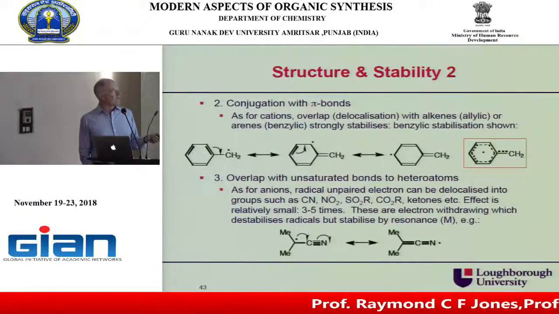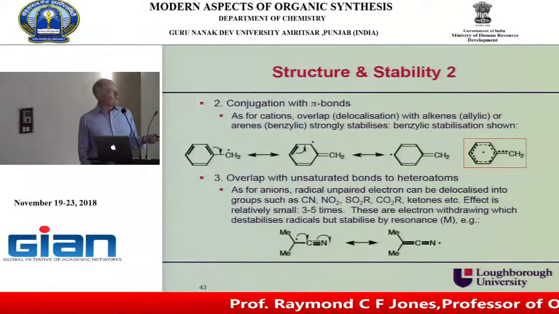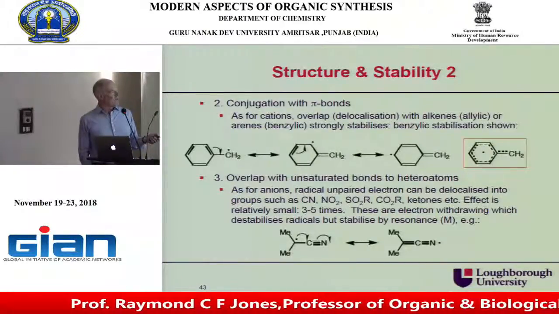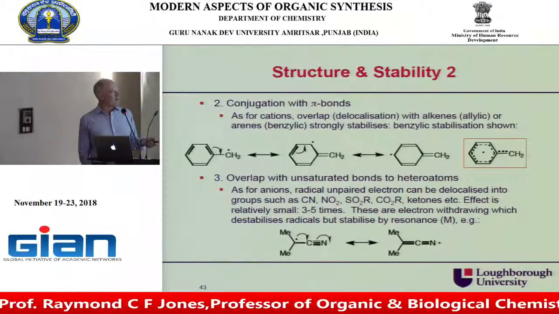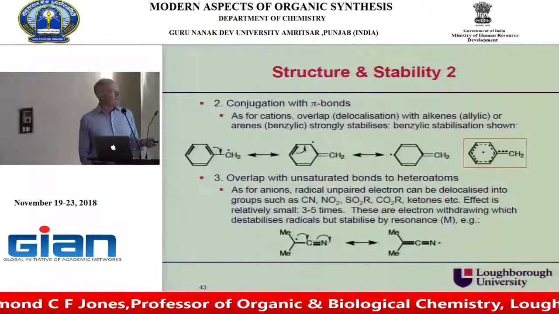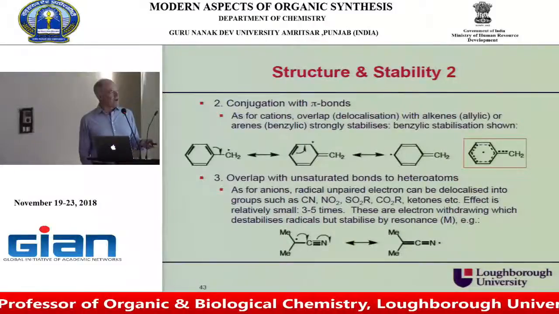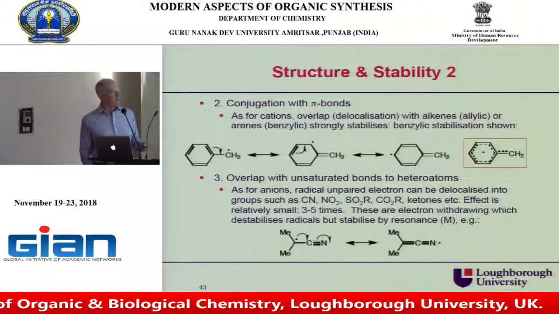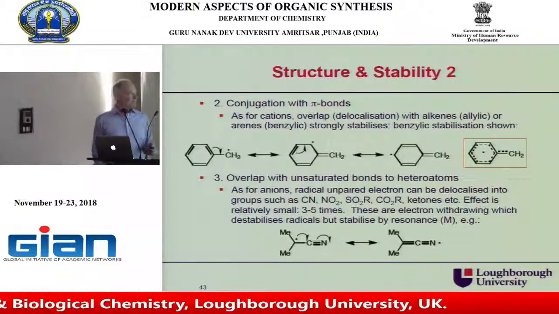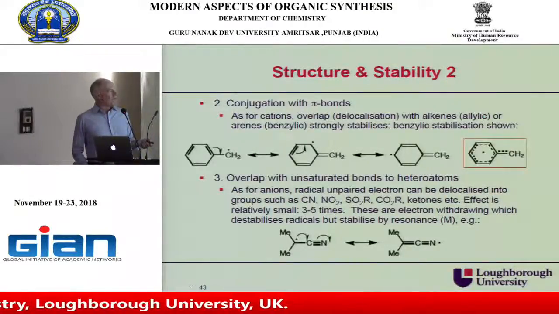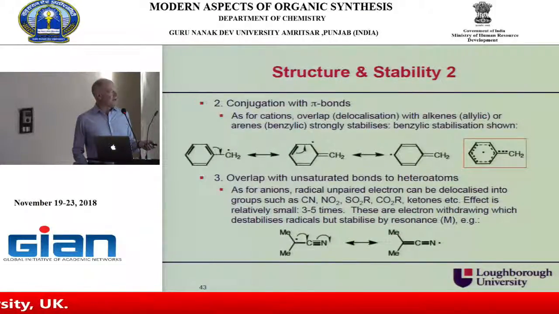You can draw resonance forms which have the unpaired electron in the ortho position or the para position, or obviously the other ortho position. And so you can draw an overall delocalized radical, as in the box there. You can have overlap with unsaturated bonds to heteroatoms. So this is a bit like the stabilization you'll get in an anion.